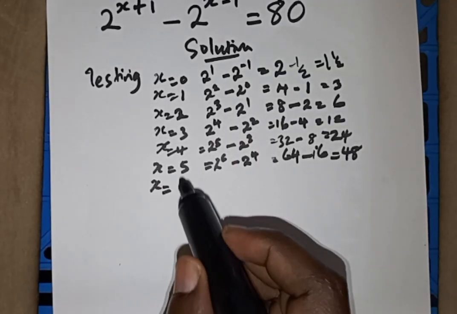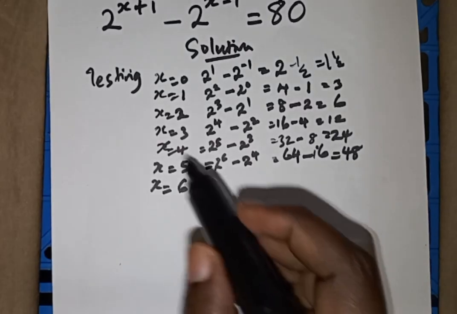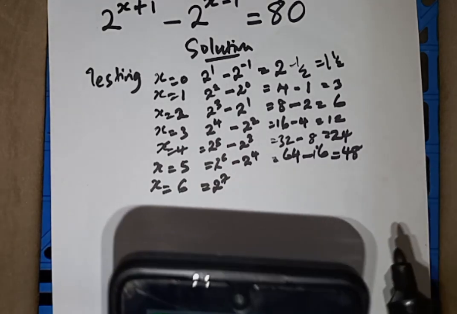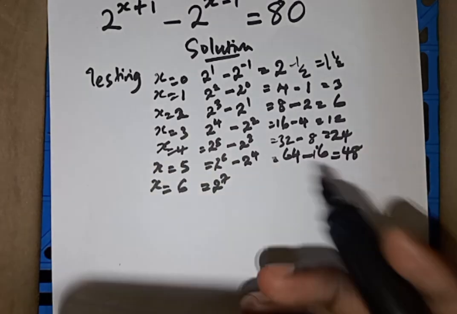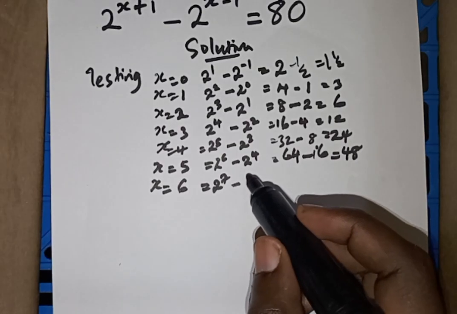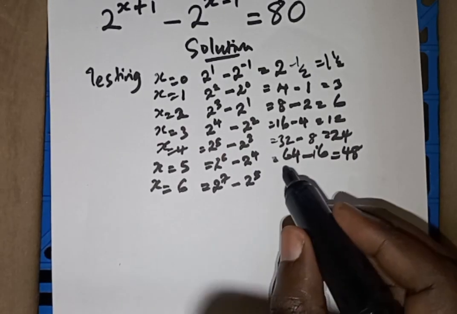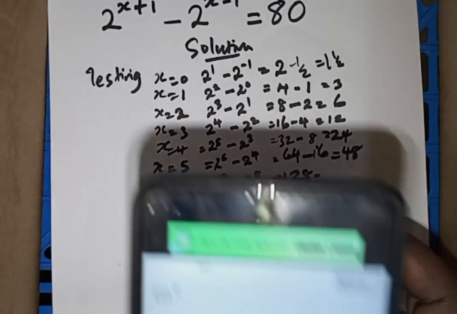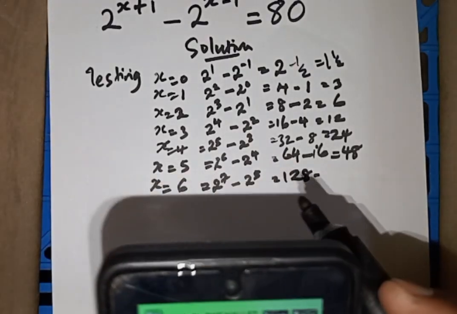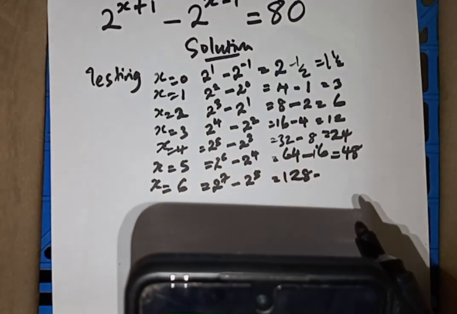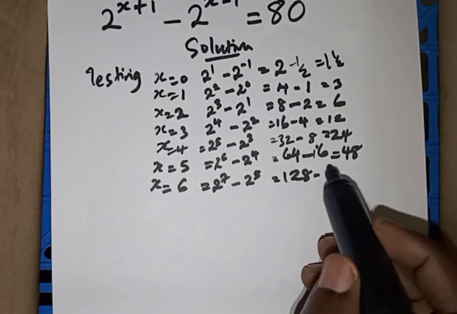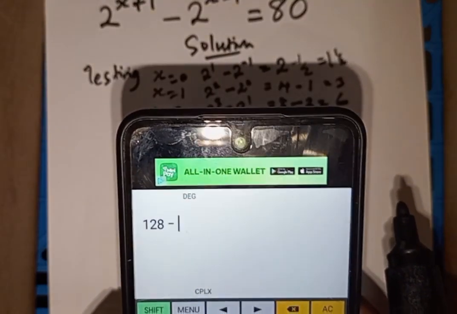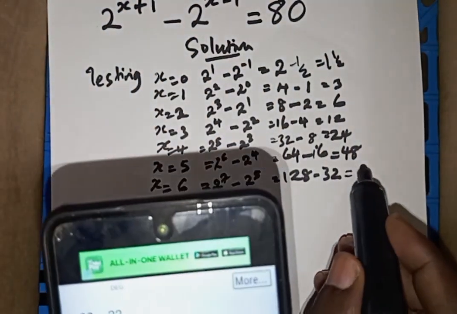Let's go to x equal to 6. So this becomes 2 to the power 7 minus 2 to the power 5. 2 to the power 7 is 128, and when you subtract 2 to the power 5, which is 32, you get 96.